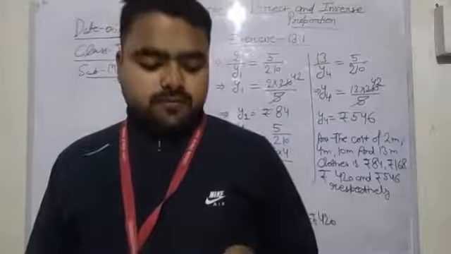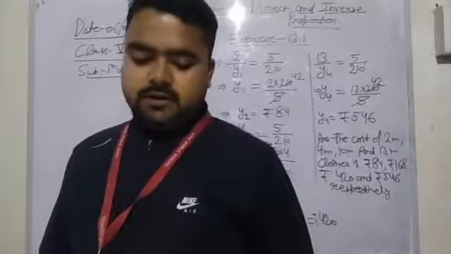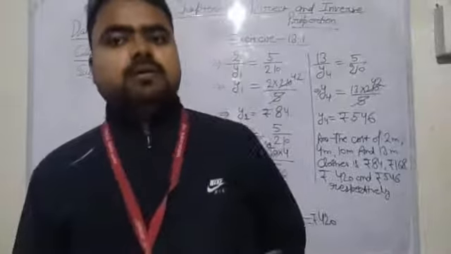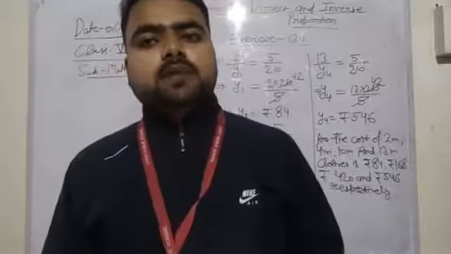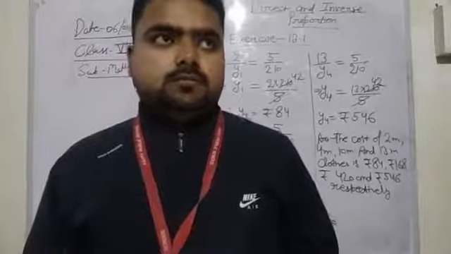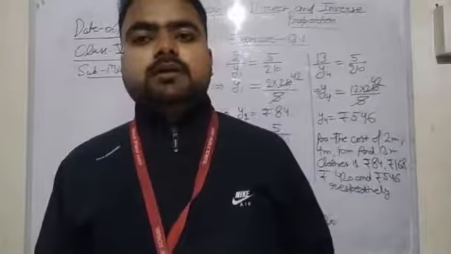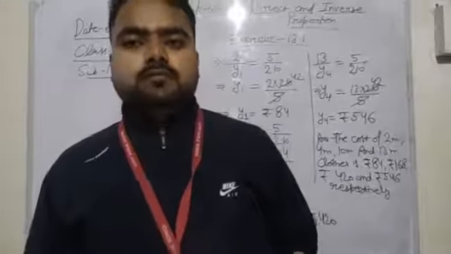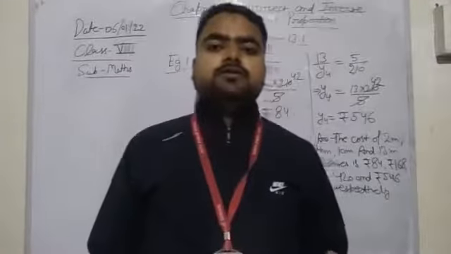Okay, so here we let the height of the tree be x meters, and we all know that if the height of any object is larger, then it casts a larger shadow according to its height.